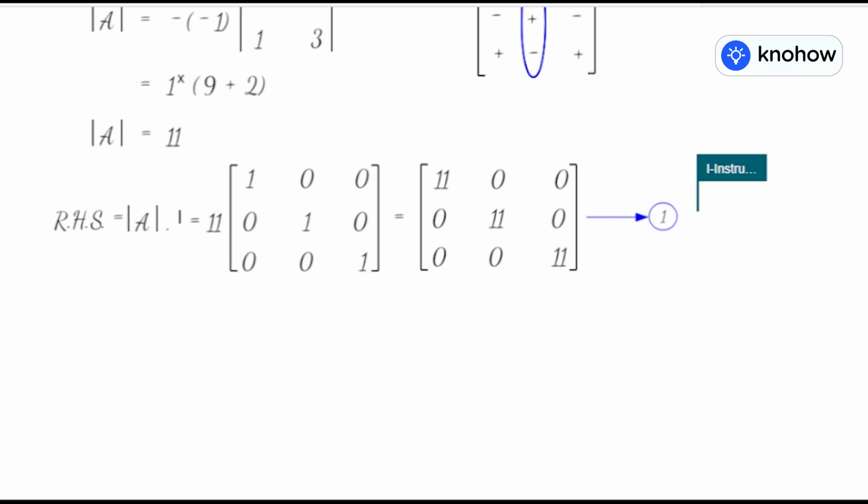Let me find adjoint A. For that, just write the given matrix A again. What is the value of A? 1, minus 1, 2, 3, 0, minus 2, and the elements of the third row are 1, 0, 3. Now, what is adjoint A?